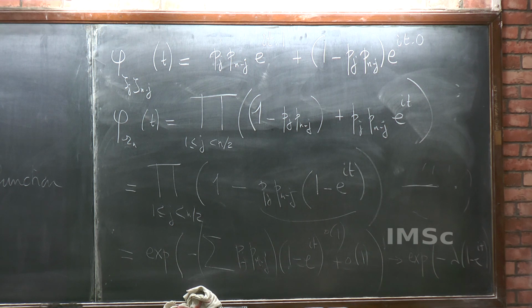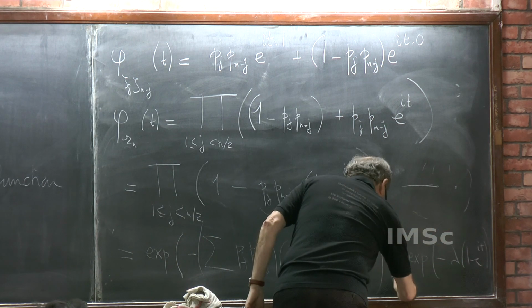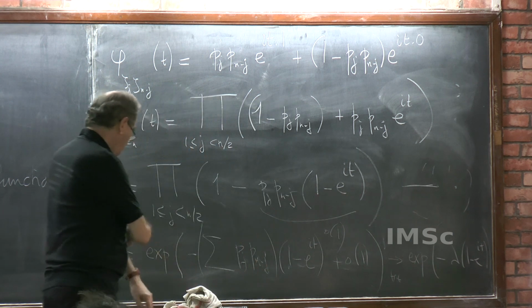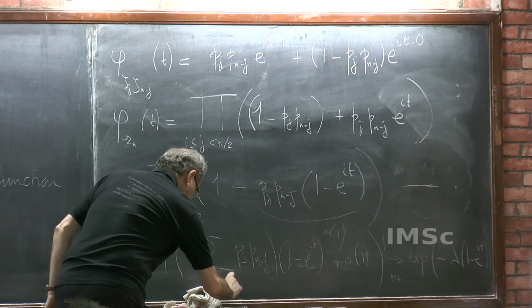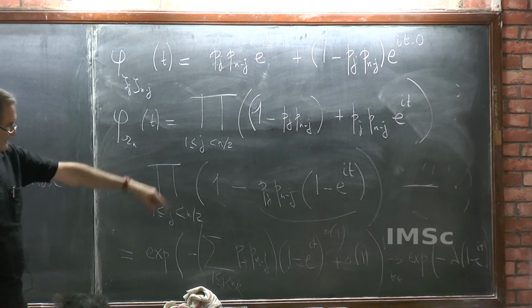So for any t, simple convergence: when n tends to infinity, the product over j up to n over 2 will converge to this.